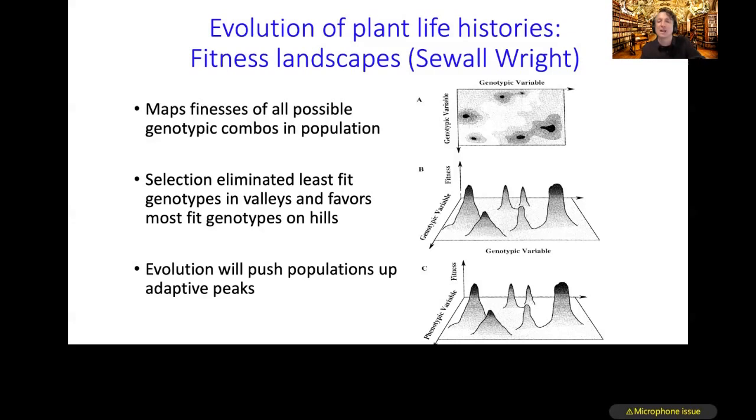Think of these different strategies, these different combinations of how you allocate, right? Those are going to be eliminated in certain environments, but certain environments will only favor certain phenotypes. And again, evolution is always going to push these populations up adaptive peaks. So remember back on some of our earlier lectures about this, because I'm going to ask you to come back to those earlier lectures and put all this together.